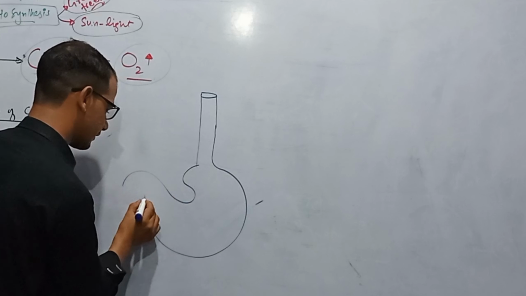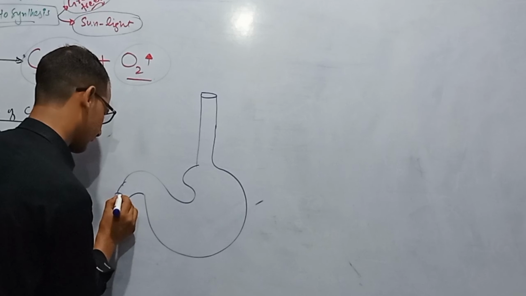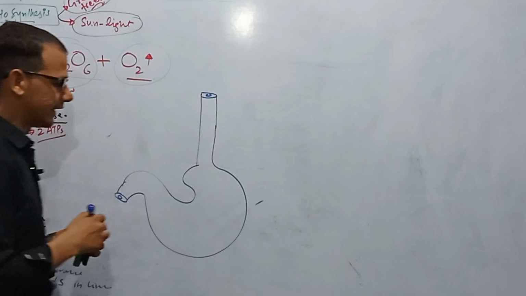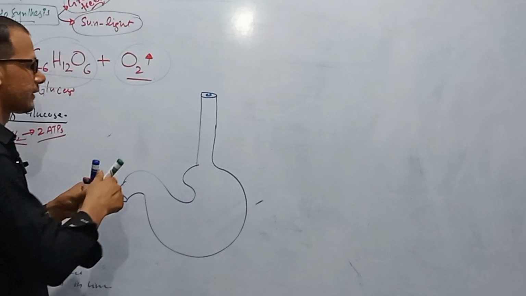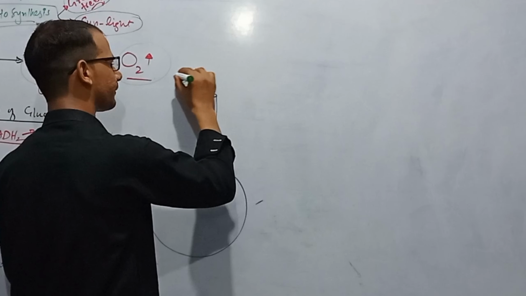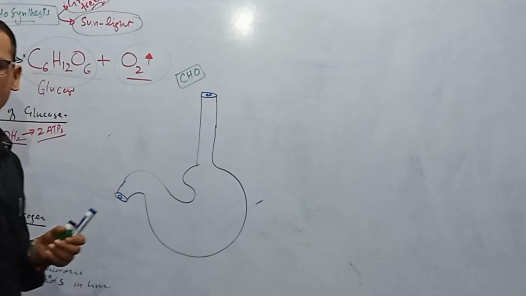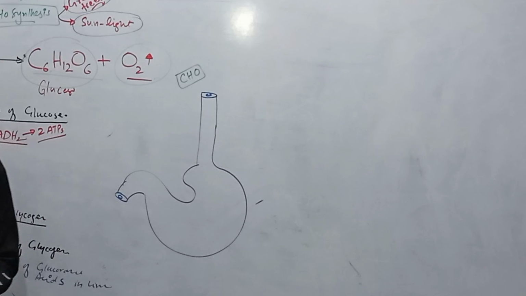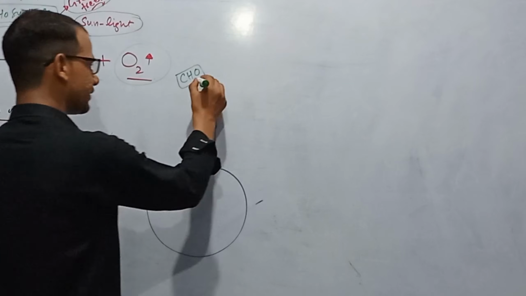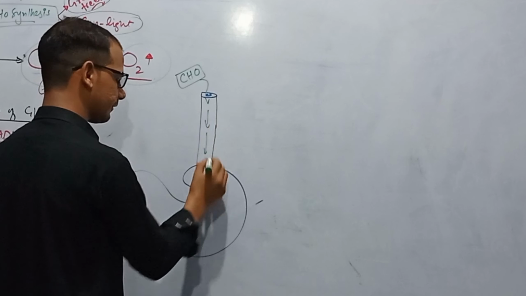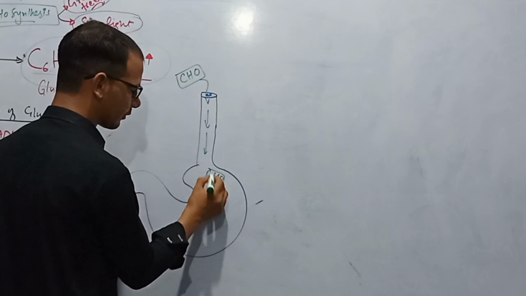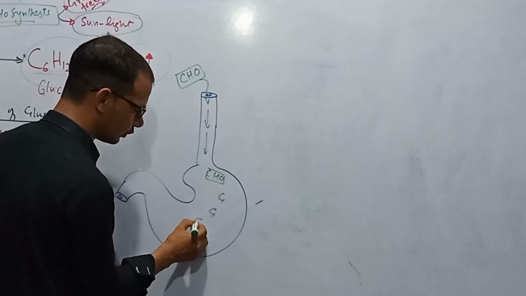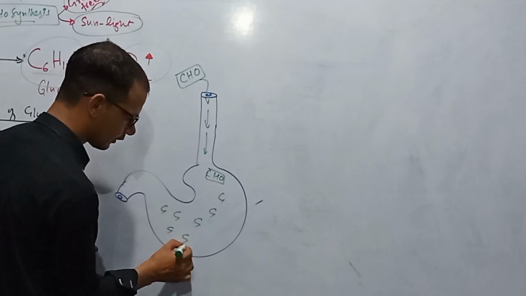This is our stomach, right? When we eat carbohydrates, for example bread, apples, anything which contains carbohydrates, we ingest this carbohydrate, and this carbohydrate will convert into glucose.